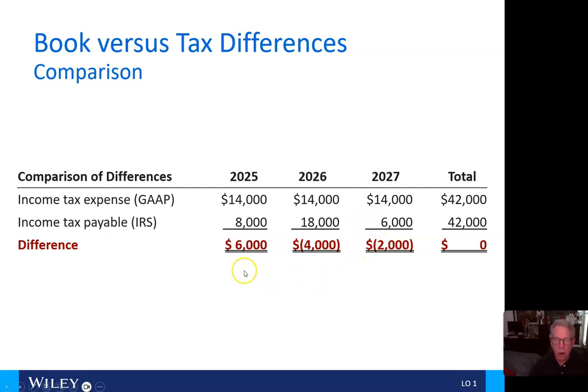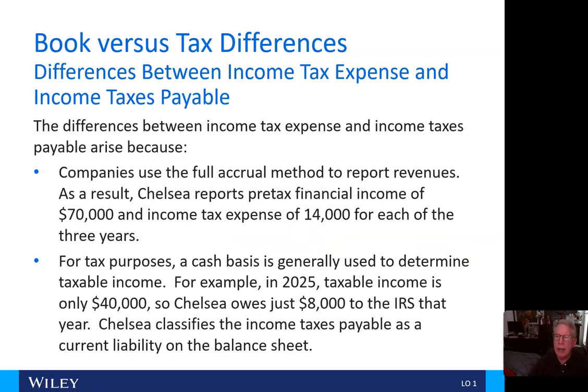So our differences would be less income taxes payable in 2025, but more income taxes payable in 2026 and 2027, completely offsetting in total for the 3-year period.